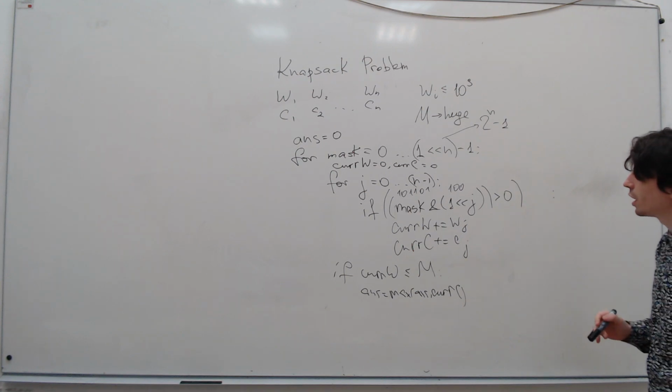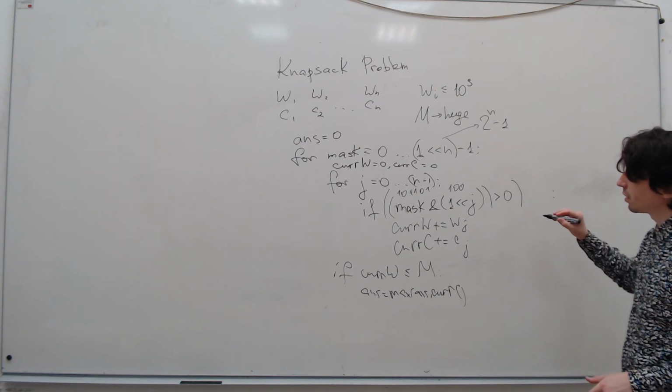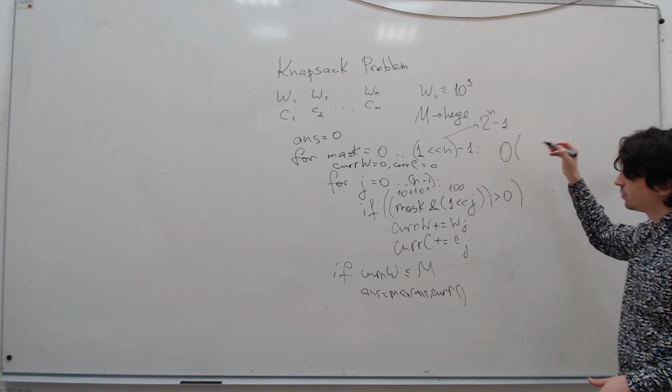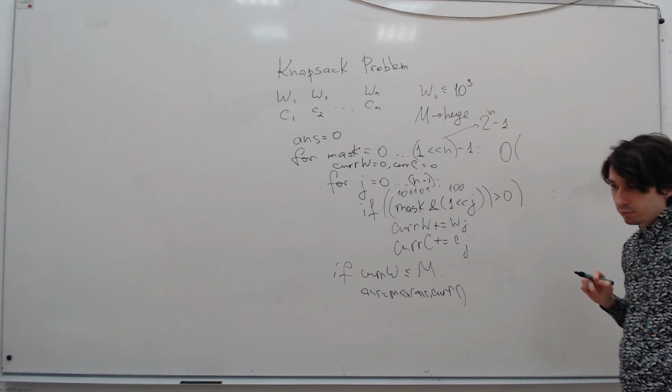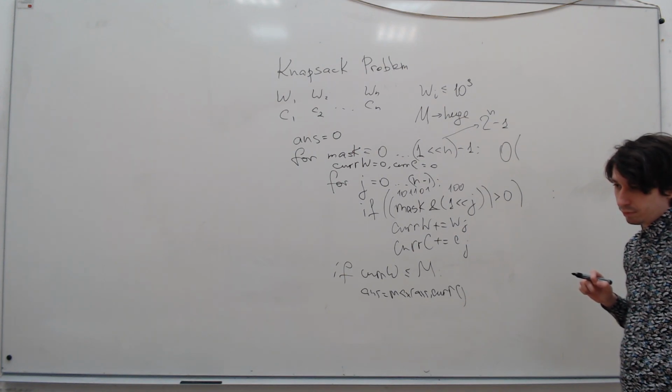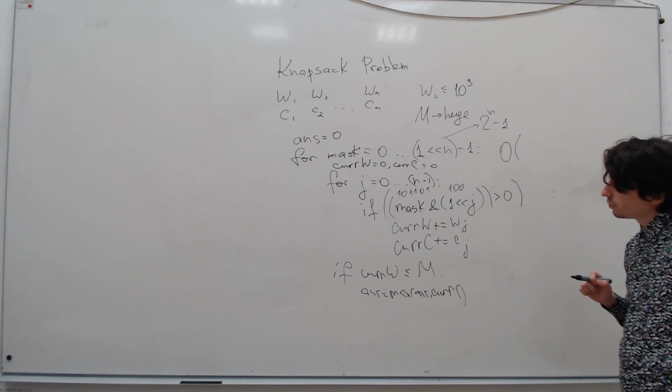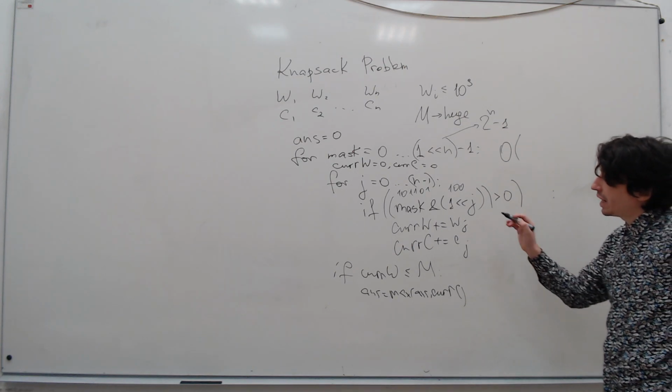The next question: what is the complexity of this algorithm? Can you tell me? There are two loops. It should be worst case n squared. Why n squared?